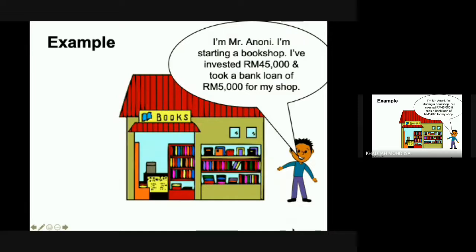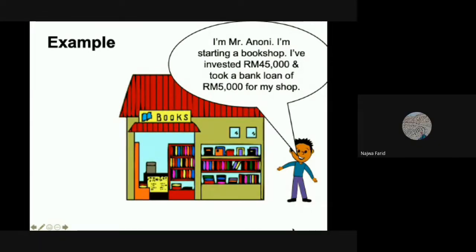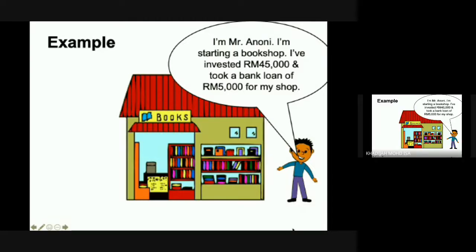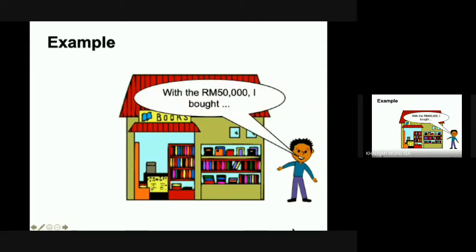So how much money does the bookshop now have? 50,000. So you have capital of 45,000 from the shareholders, and you also have 5,000 from the bank loan, right?